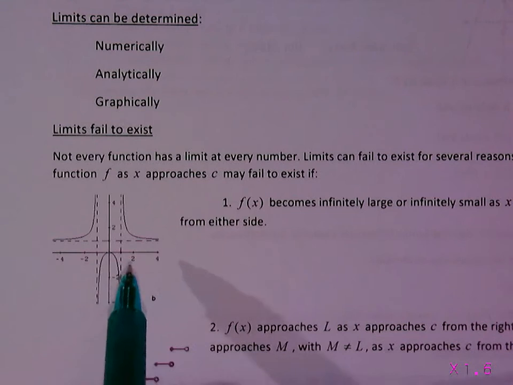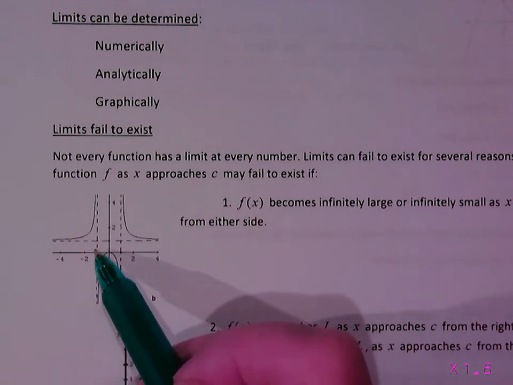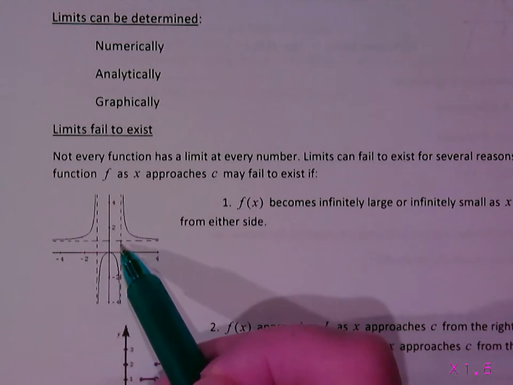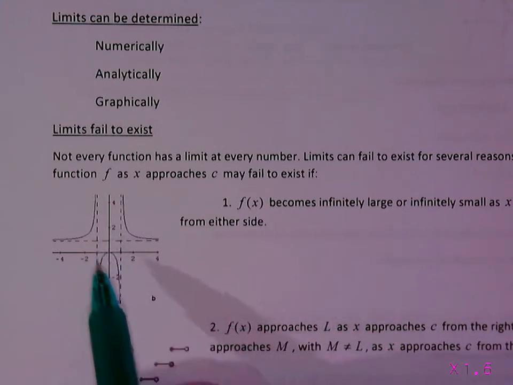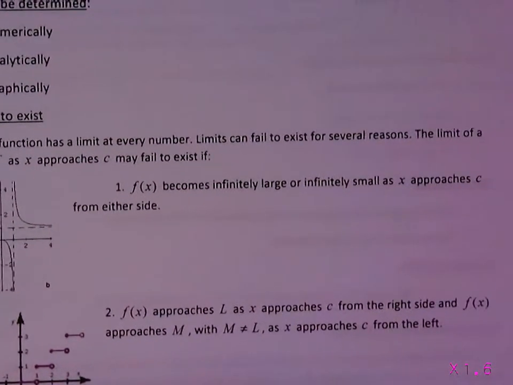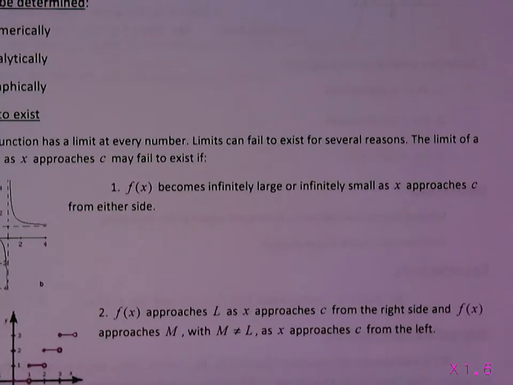So in this case, a limit at -1 does not exist, and a limit at +1 does not exist, because you have these vertical asymptotes. The definition says if f of x becomes infinitely large or infinitely small as x approaches c from either side, the limit fails to exist.